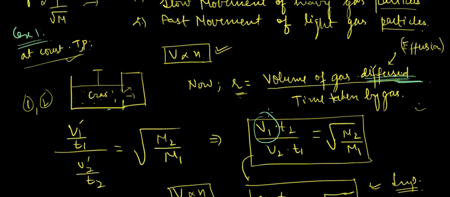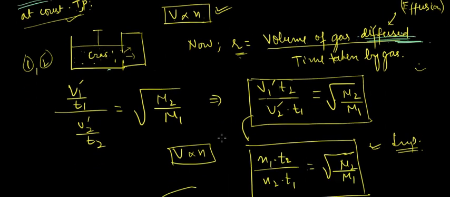Hence from here we can write V1 dash into T2 divided by V2 dash into T1, where V1 dash and V2 dash are the volume of gas diffused, should be equal to root of M2 upon M1.